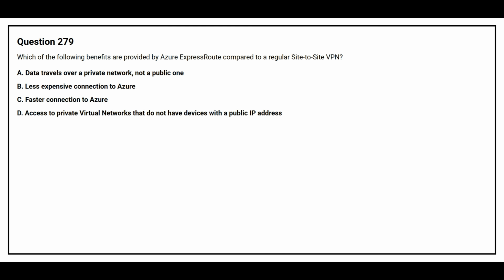Option C. Fast connection to Azure. Option D. Access to private virtual networks that do not have devices with a public IP address. The correct answers are Option A, data travels over the private network, not a public one, and Option C, faster connection to Azure.